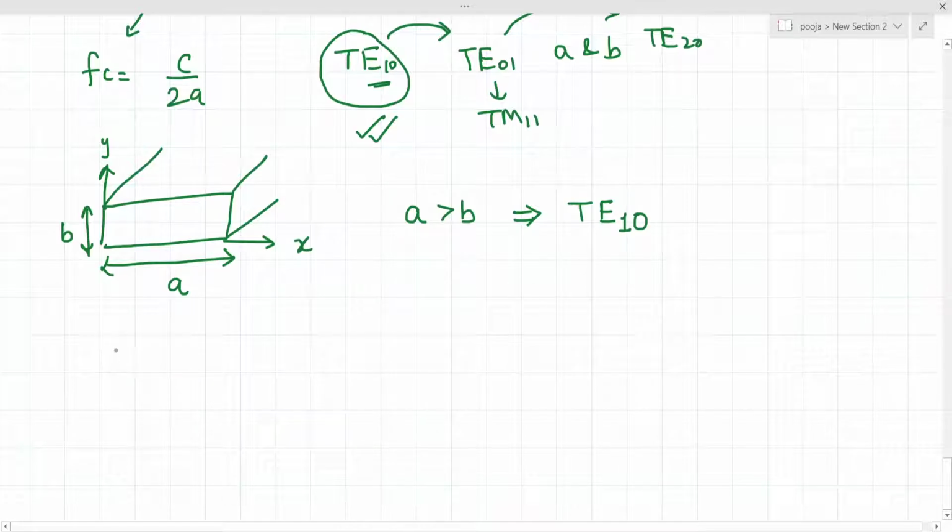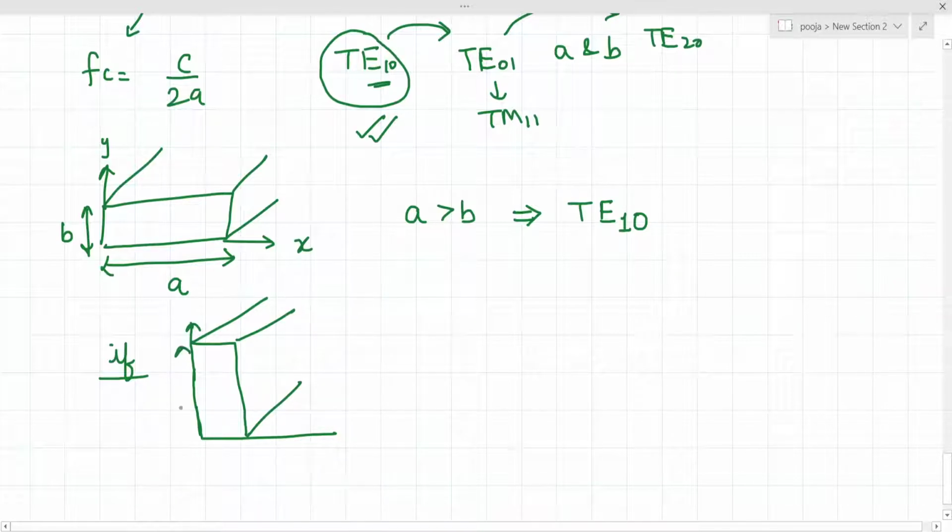However, if the waveguide is something like this, where along the y-axis the dimension is b, along the x-axis the dimension is a, and a is less than b, then in this case the dominant mode will be TE01, whichever has the higher dimension.